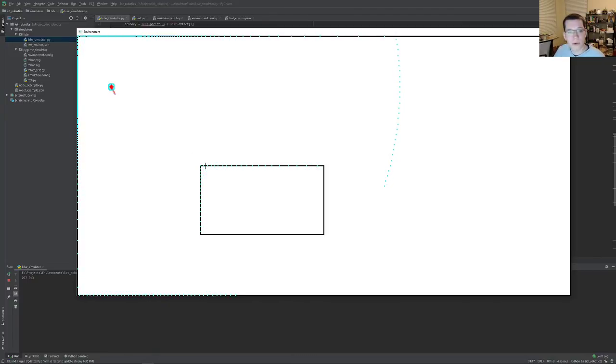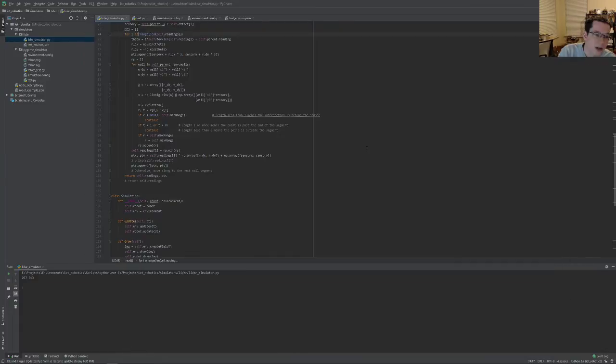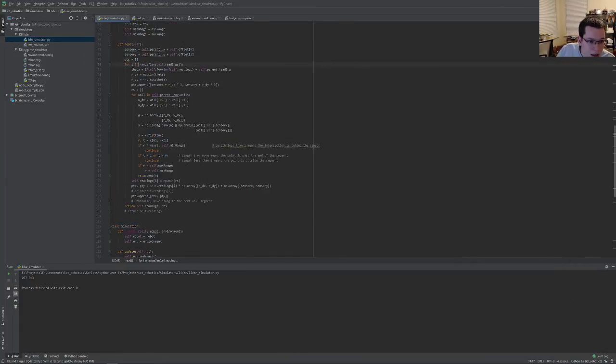All the cyan points, which may be a little bit hard for you to see, but I think you can, are its measurements. And these ones that are kind of hanging out here, let me make it a different color so it's easier for you to see.